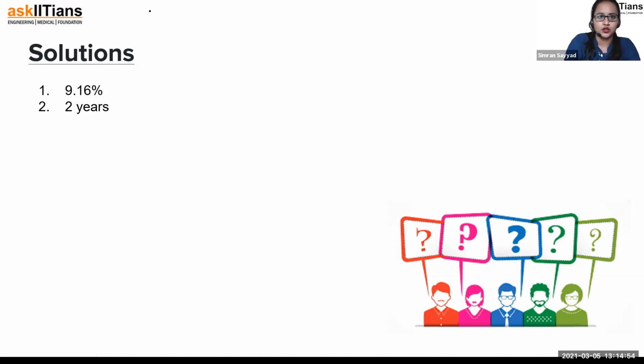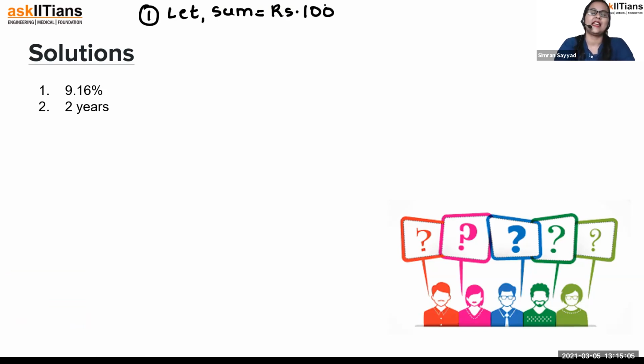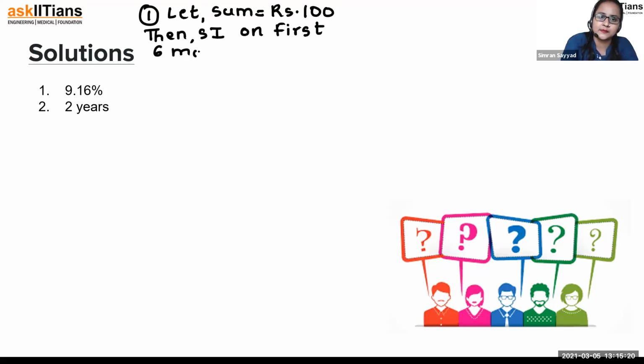Let the sum be rupees 100. If the sum is rupees 100, then in the first 6 months we have to calculate the simple interest. Then the simple interest on the first 6 months is equal to what, dear students?